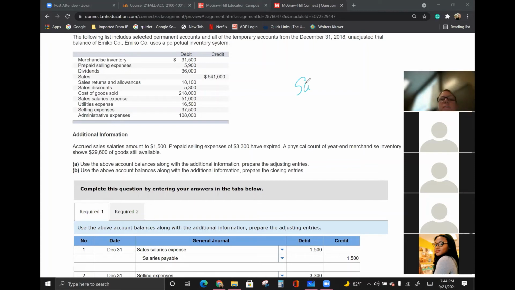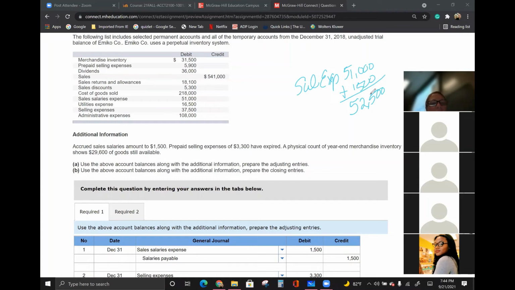So I know salaries expense is going to be the 51,000 plus the 1,500. So that's going to be 52.5. All right, so we're just going to keep that there for right now.